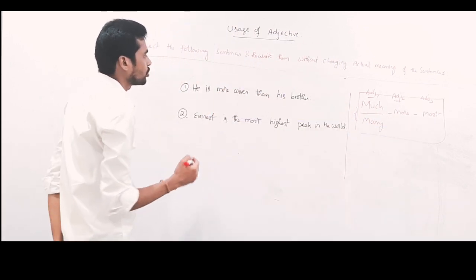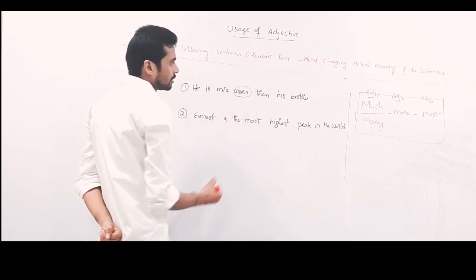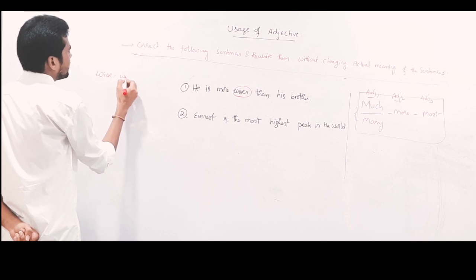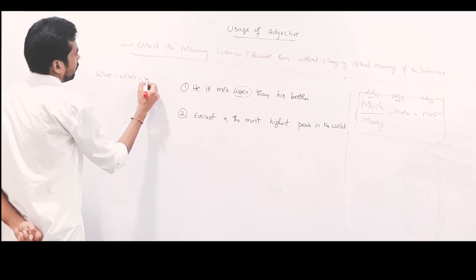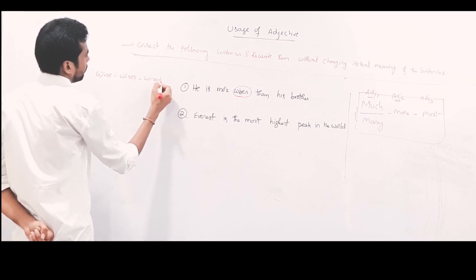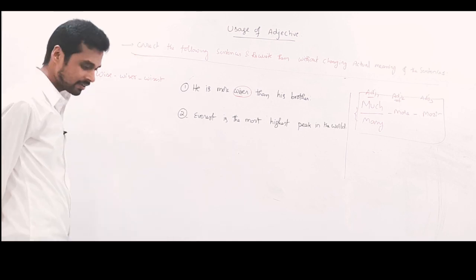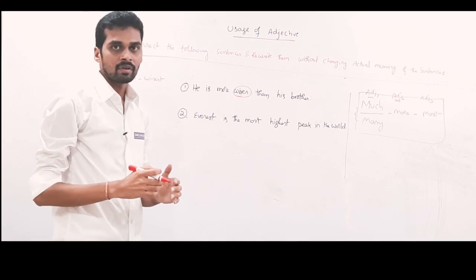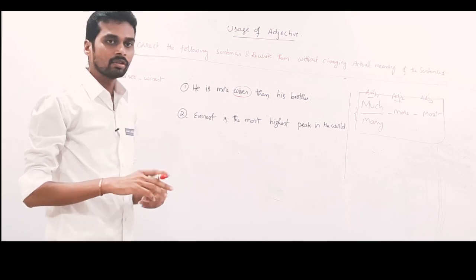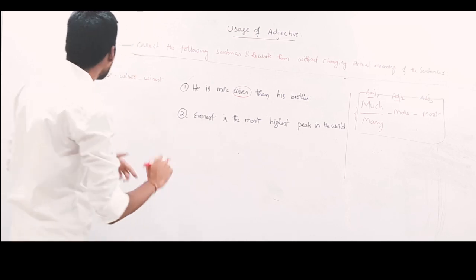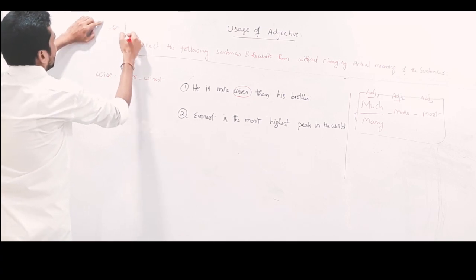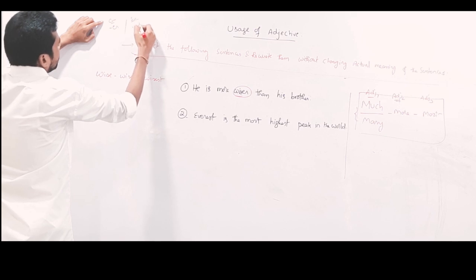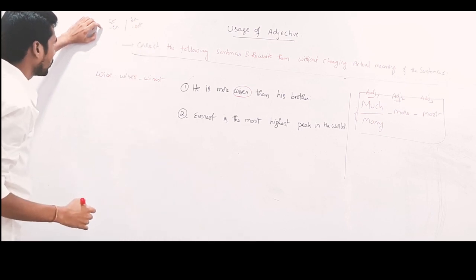If you see here, wiser. The 3 forms of wise: wise, wiser, wisest. In the earlier case, I told you that most of the adjectives in the comparative degree end with ER, and in the superlative degree, they end with EST.